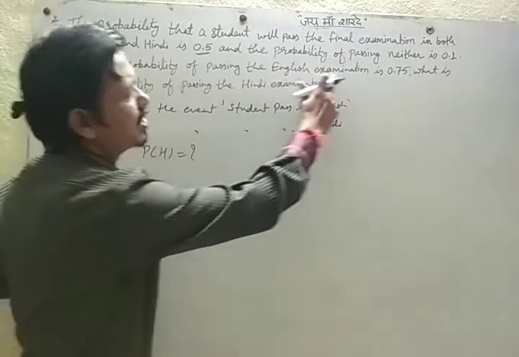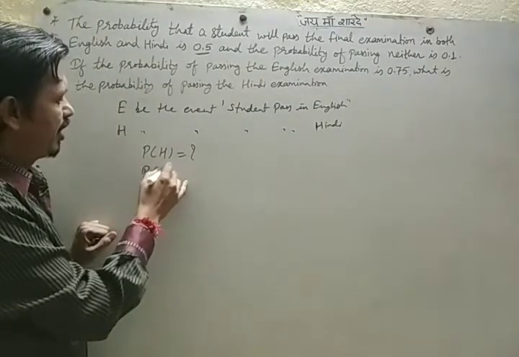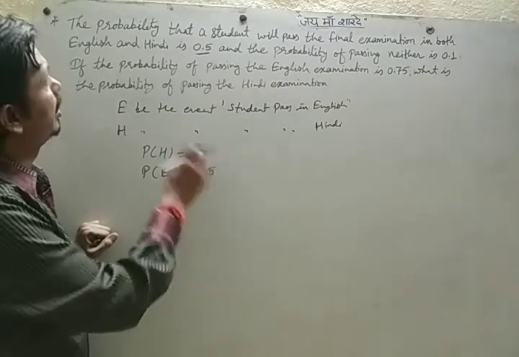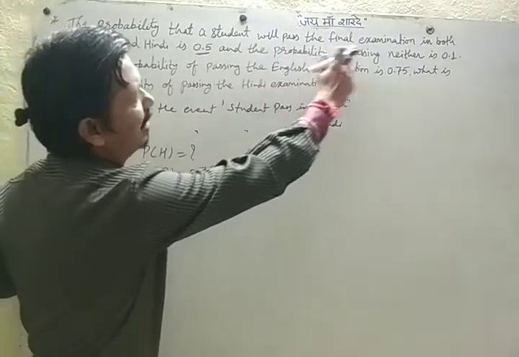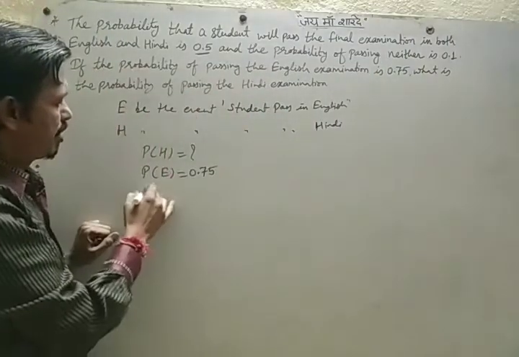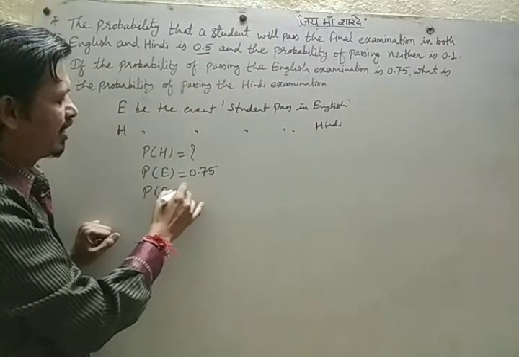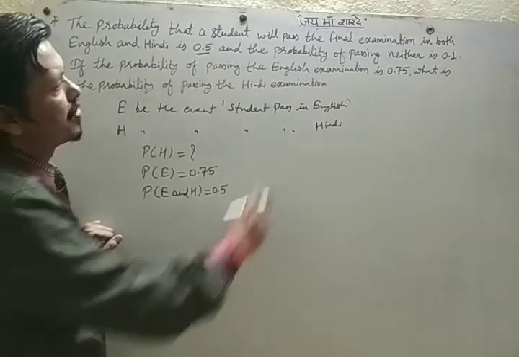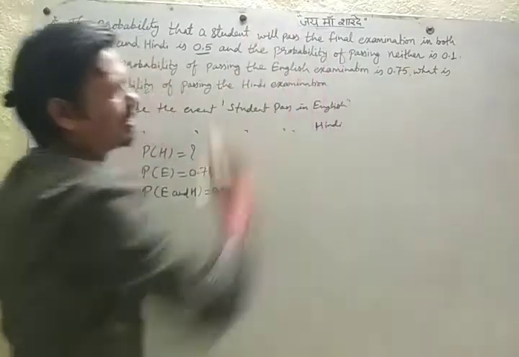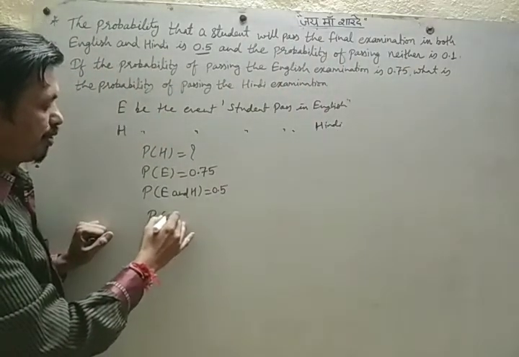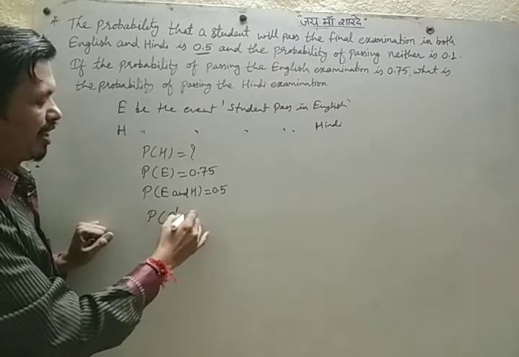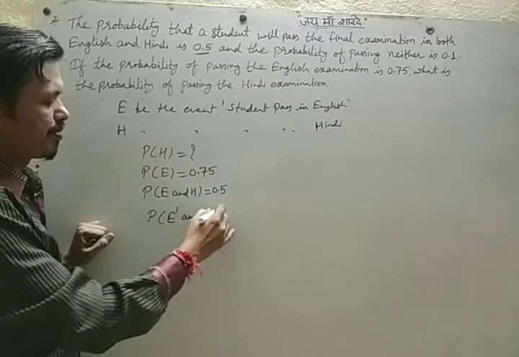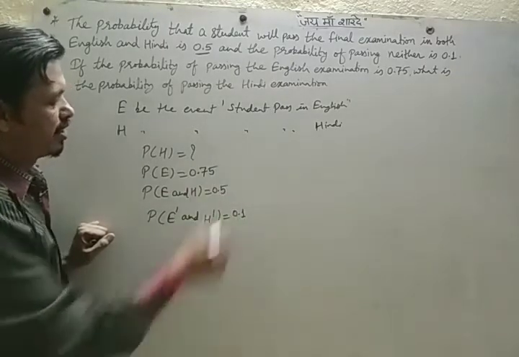Probability of passing the English examination, P of E, is given 0.75. Okay, then the student will pass the final examination in both English and Hindi. It means probability of E and H is given 0.5. Then probability of passing neither, means probability of not E and not H, is 0.1. These things are given.